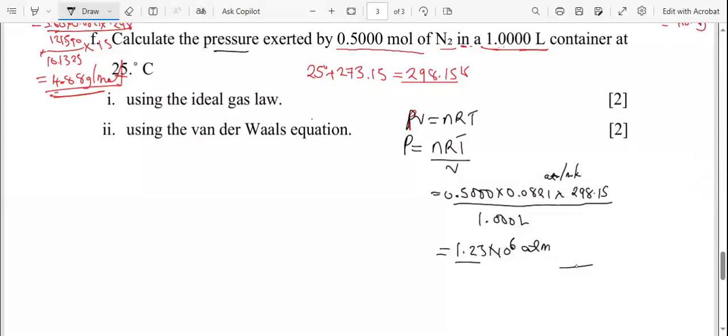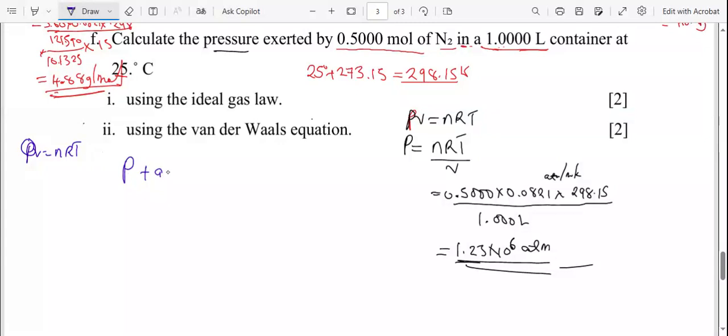This would have given the same result using the Van der Waals equation, which is given as P plus a term, because there was a change in pressure from the ideal gas equation, times V minus nb, equals nRT. There was a change in pressure because of particle interactions, which I explained in the last video.